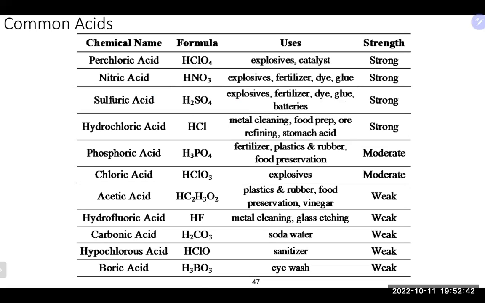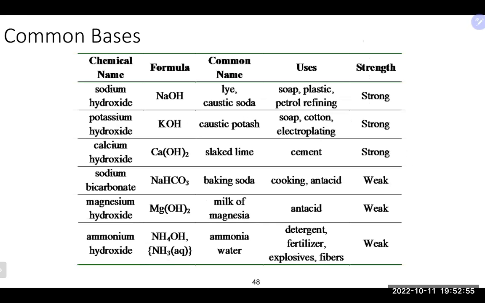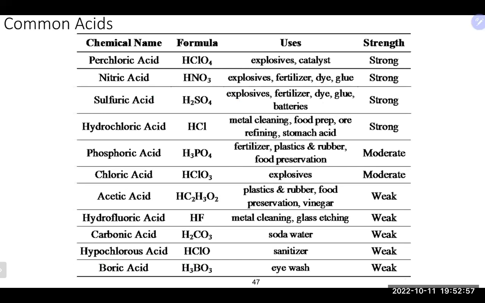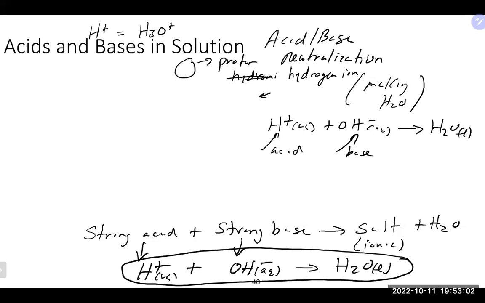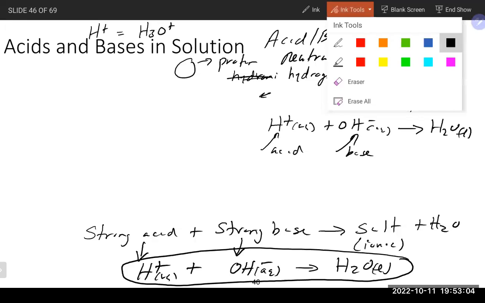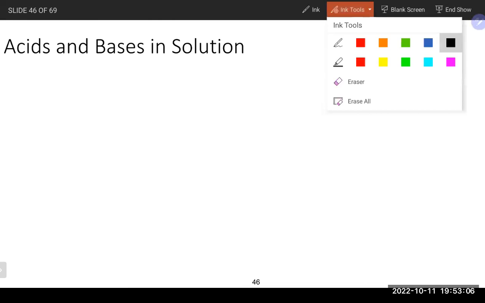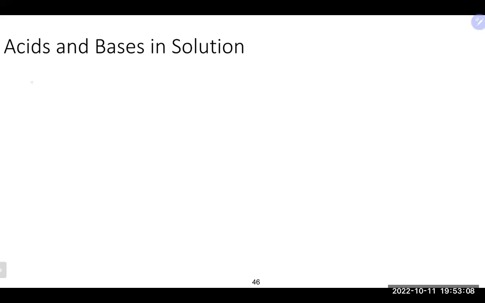Here are some strong acids and some weak acids, which will be helpful as you go through that study assignment. You will come across some weak acids. In a weak acid situation, speaking of net ionic equations, let's say that we had a weak acid like HF that reacted with sodium hydroxide.